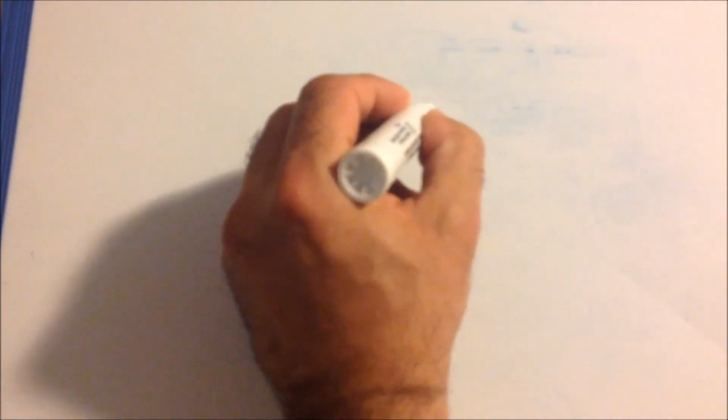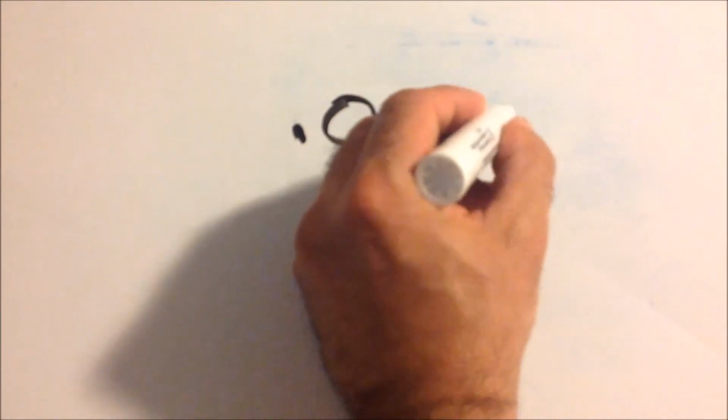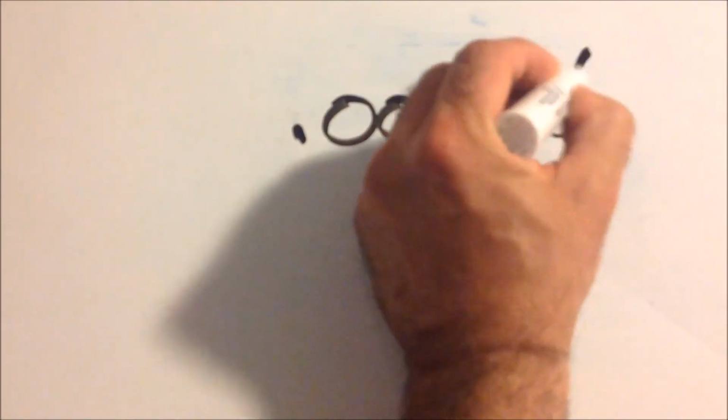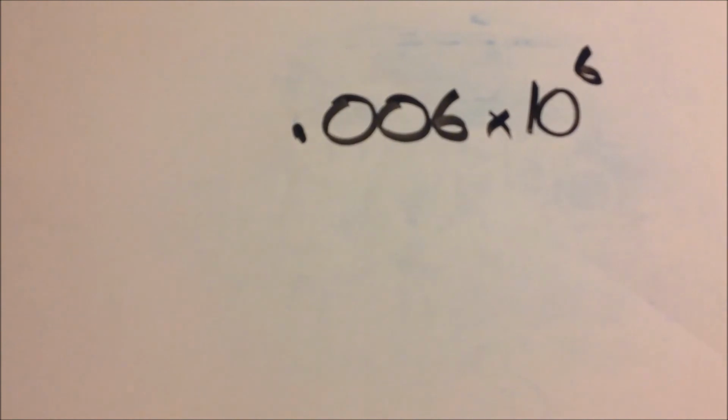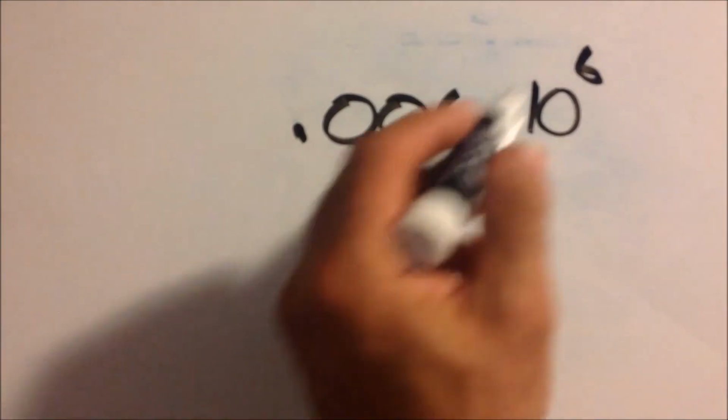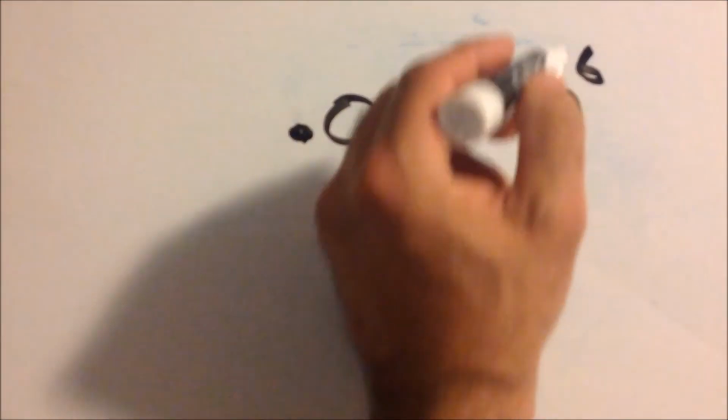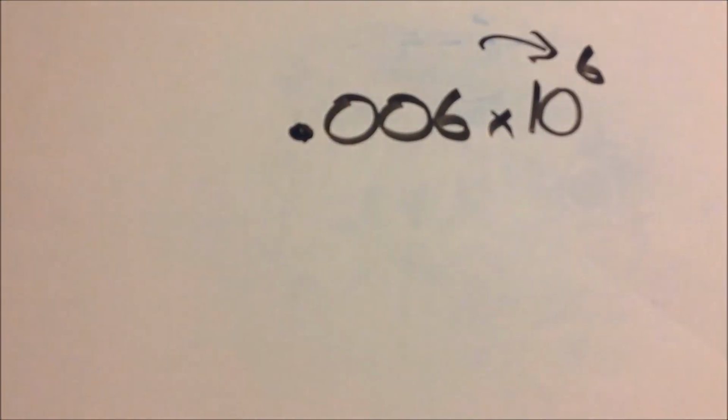Let's do one more, see if we understand. So if I had 0.006, it's a small decimal, 0.006, and let's say it was times 10 to the 6th power, how would you do that? Okay, how many times should you move this decimal? There's your answer, 6 times.